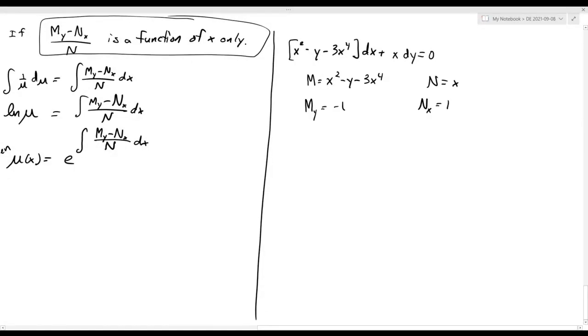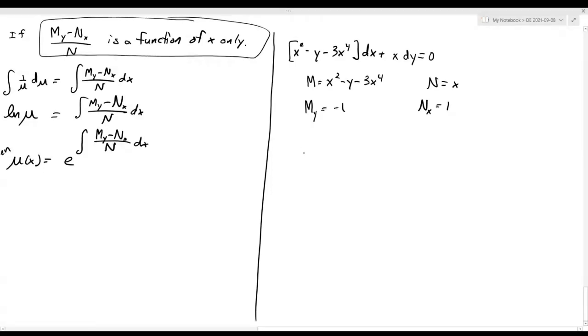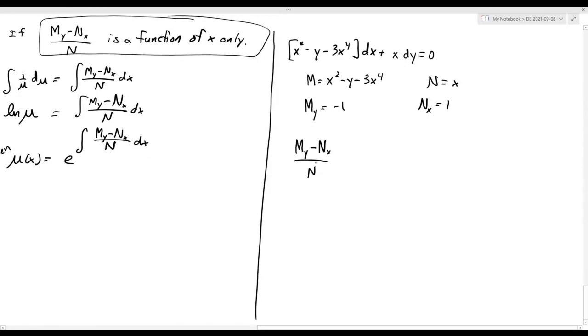But then notice that if we simply try seeing whether our integrating factor is just a function of x, we would have to make sure that this expression is a function of x only. So n is x.